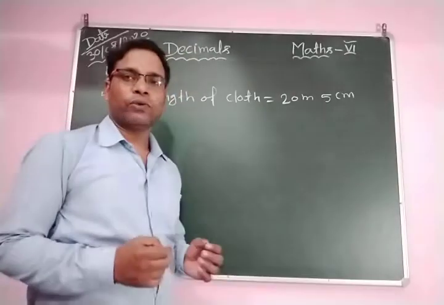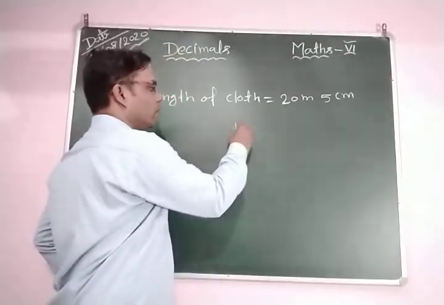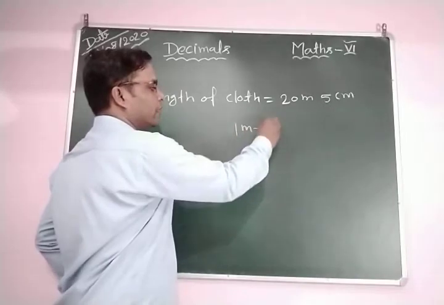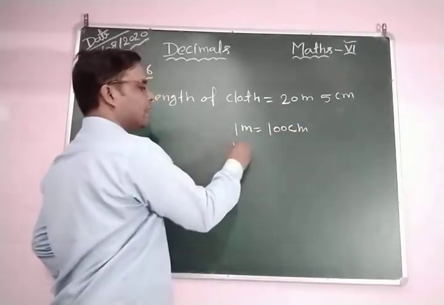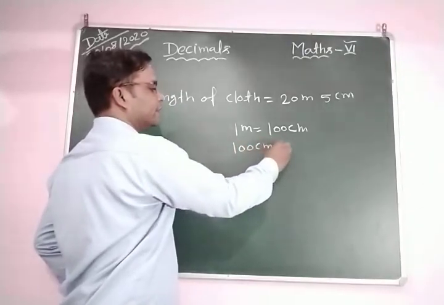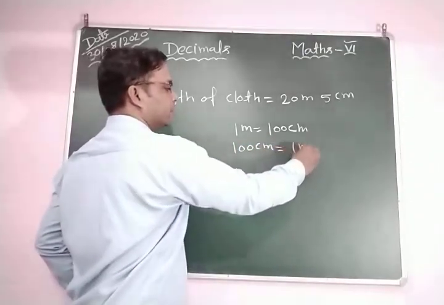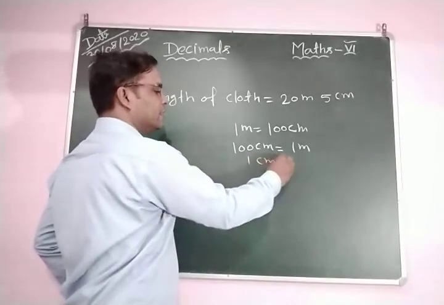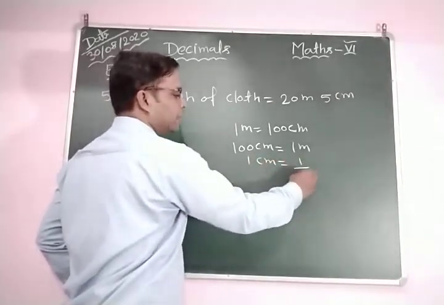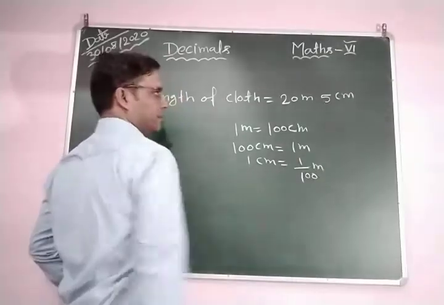So you know that 1 meter is equal to 100 centimeter, or you can say 100 centimeter is equal to 1 meter. But also you can write 1 centimeter as nothing but 1 by 100 meters.